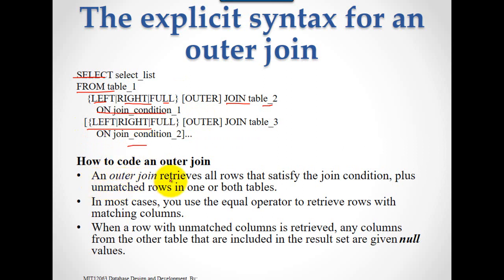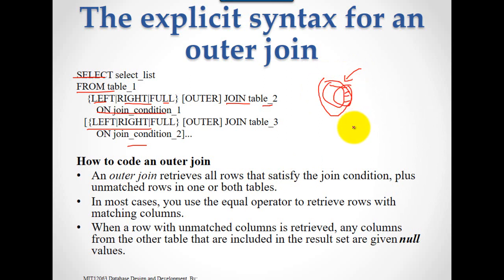An outer join retrieves all rows that satisfy the join condition plus unmatched rows in one or both tables. If it is a left join, the entire records from the left side will be taken, plus the unmatched rows from the right table will also be taken, but for the unmatched records it will add the null keyword.